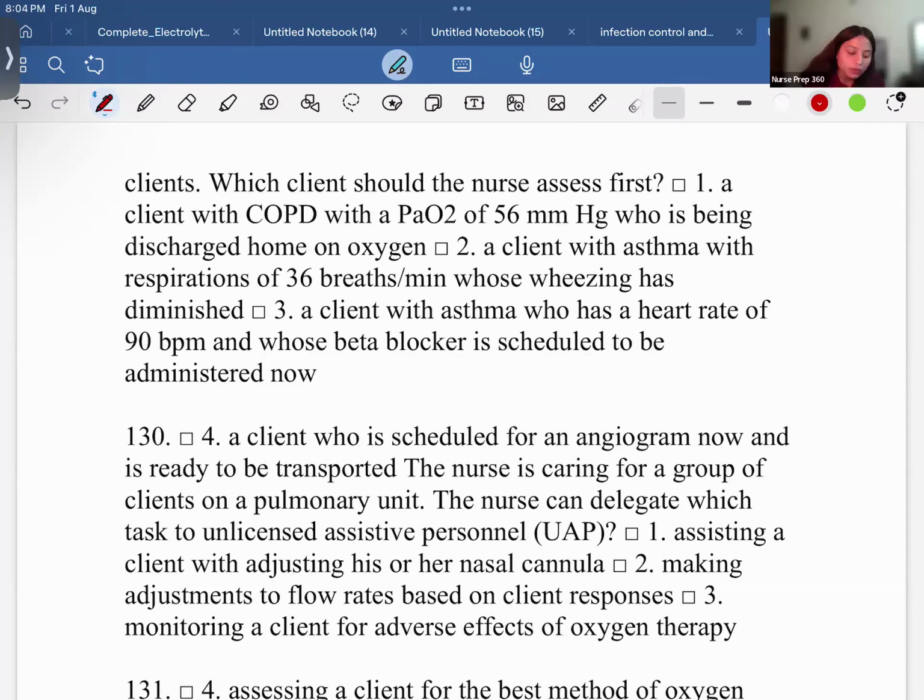Option 4. A client who is scheduled for an angiogram now and is ready to be transported.